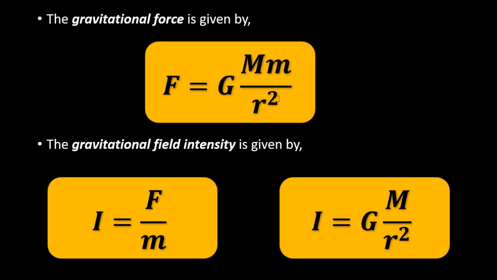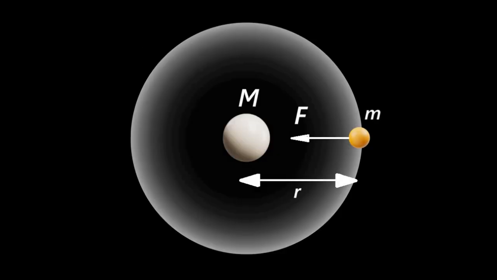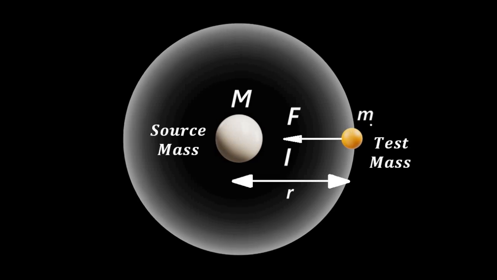The gravitational field intensity will be this gravitational force F by small m. Here capital M is called the source mass, and small m is called the test mass. So gravitational field intensity is basically the gravitational force of attraction acting per unit test mass.